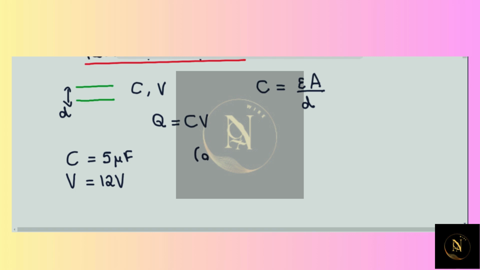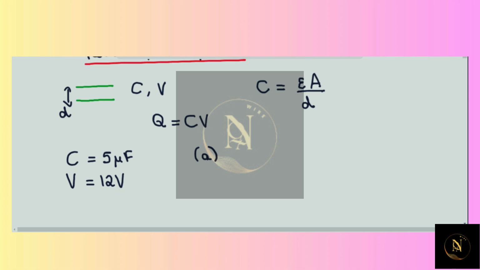So first, in question A, our goal is to find what a voltmeter would read just as the battery is disconnected, given that the charge of the parallel plate capacitor doesn't change.